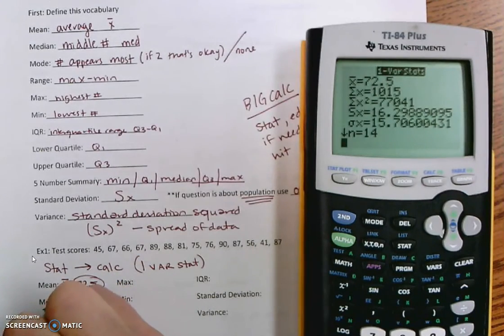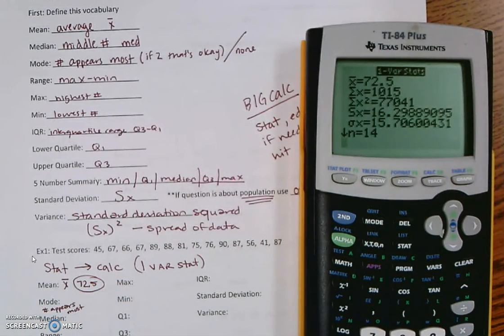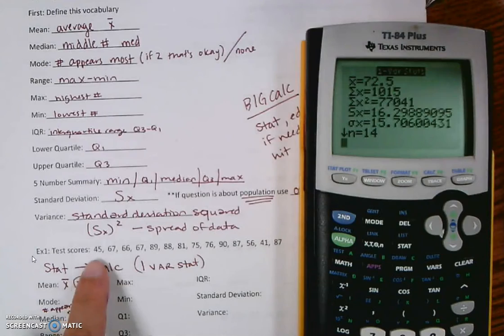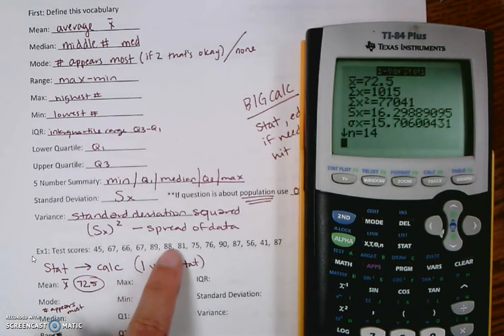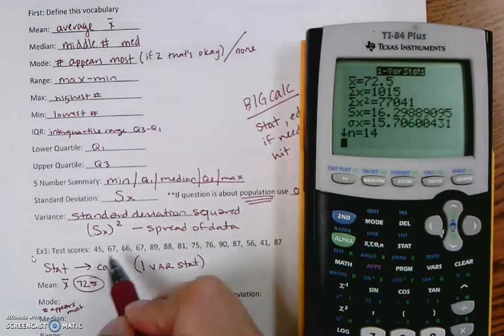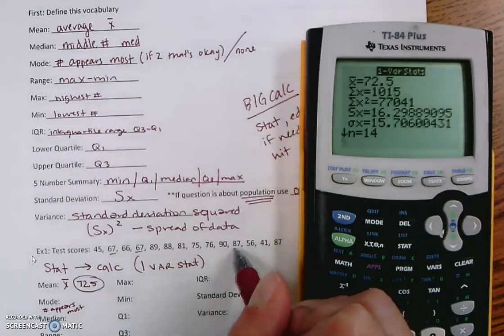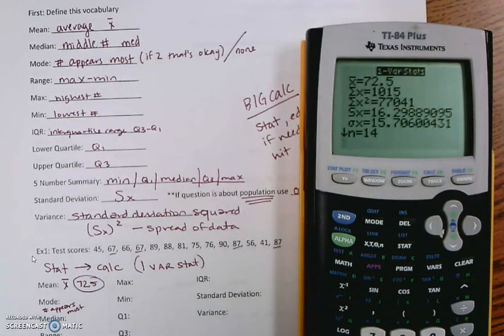Mode is the number that appears the most. That doesn't come from my calculator. That comes from looking at my numbers. It looks like 67 appears twice, and 87 appears twice.